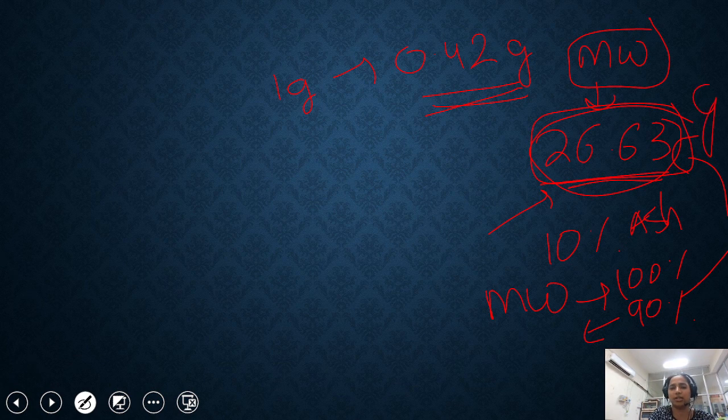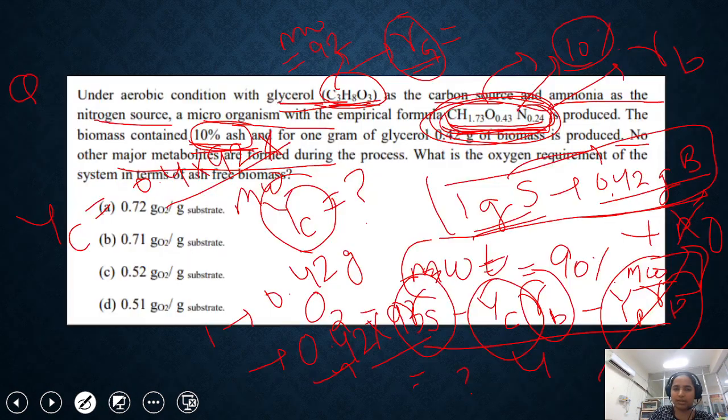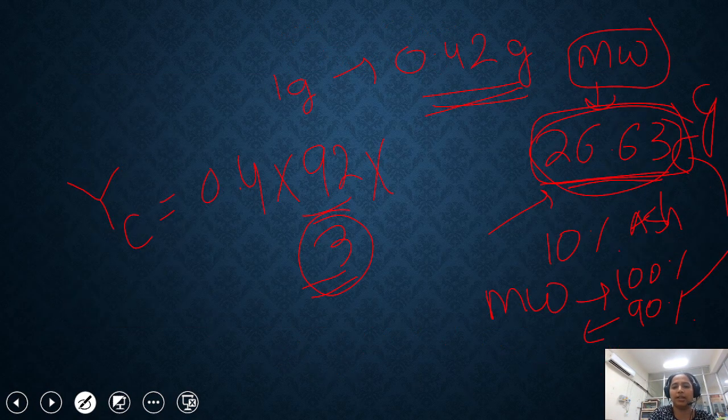So now you can find that Y of C, that 0.4 that is producing, into 92, the molecular weight of the substrate, divided by 3, because this is for the 3 carbon, because 3 carbon are present here, and the molecular weight of this is 26.63.